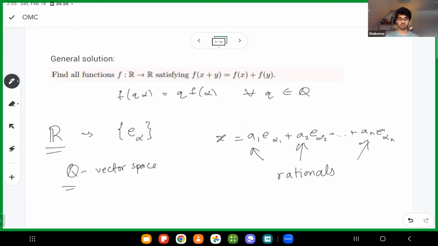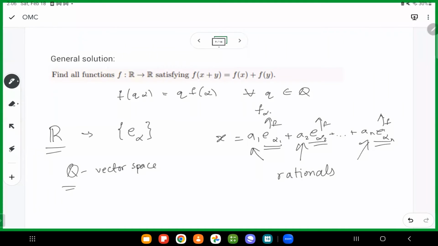Then we do know what f of x would be, right? If you assign a value to each of these things under f, then let's just say this is f.